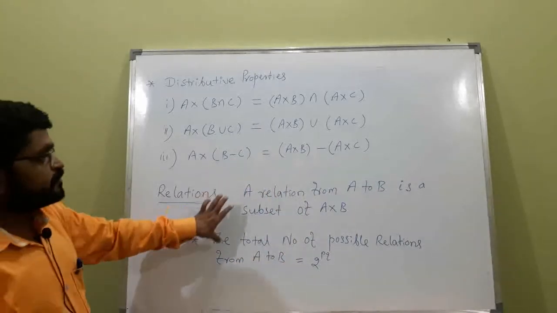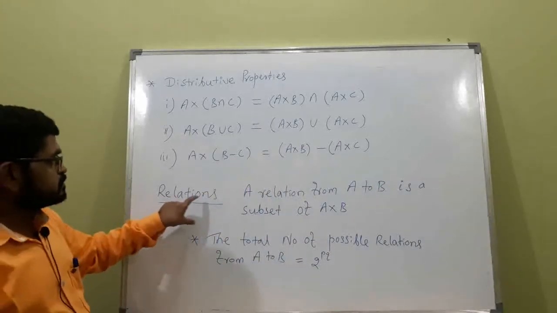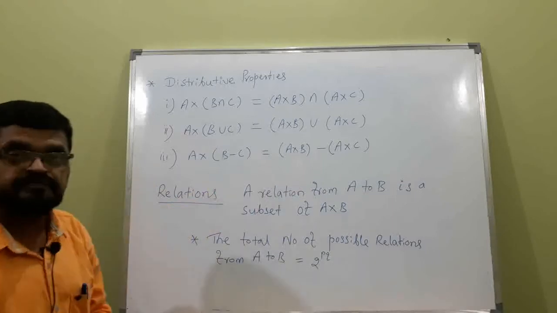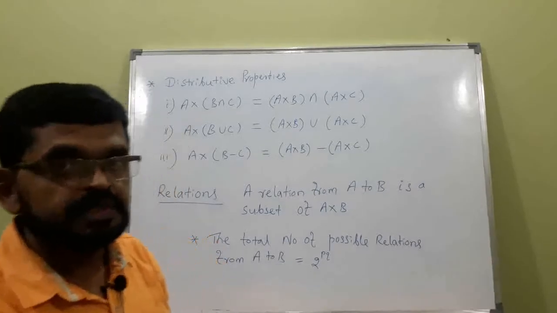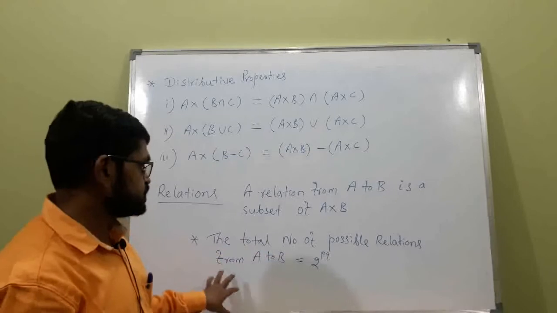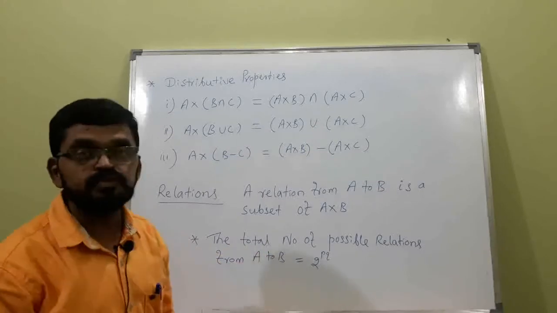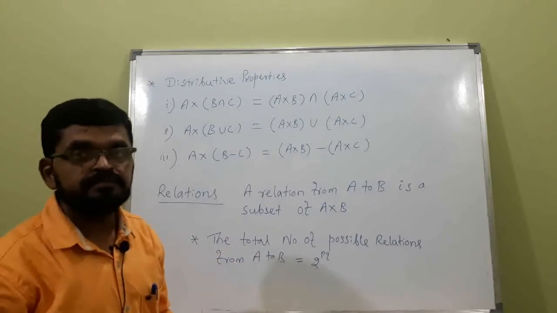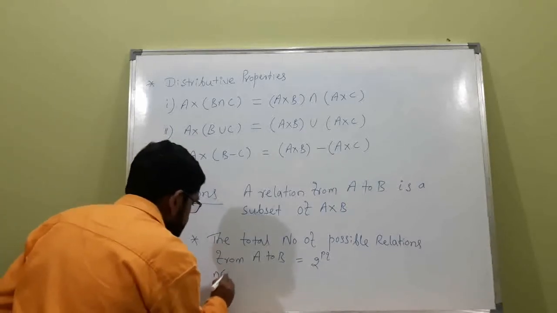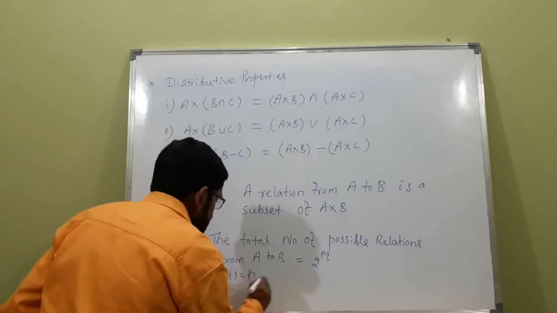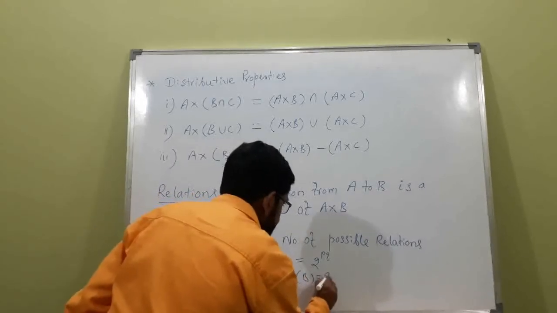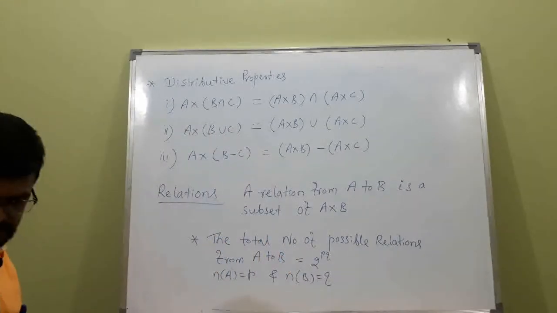The subset of a Cartesian product is a relation. A relation from A to B is a subset of A cross B. The total number of possible relations from A to B is 2 to the power pq, where the number of elements in A is p and the number of elements in B is, suppose, q. We take this.